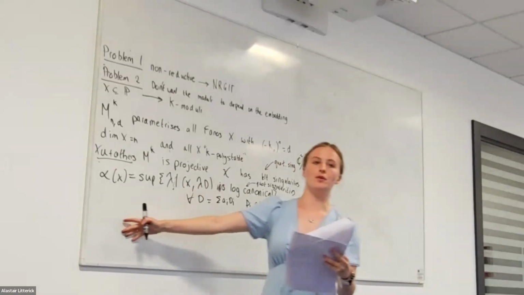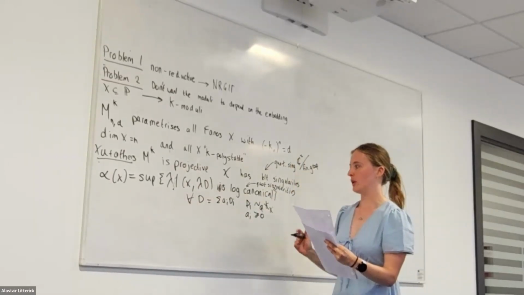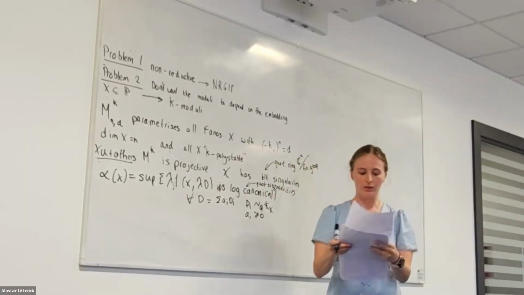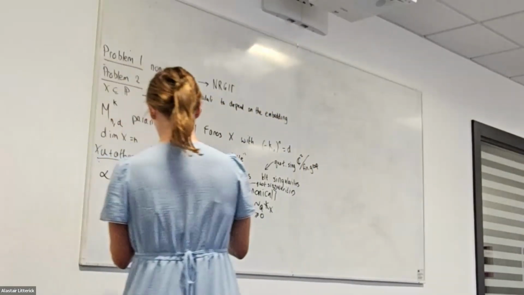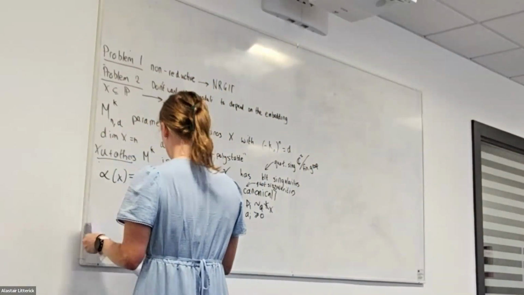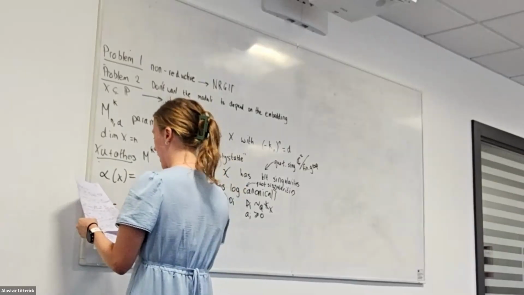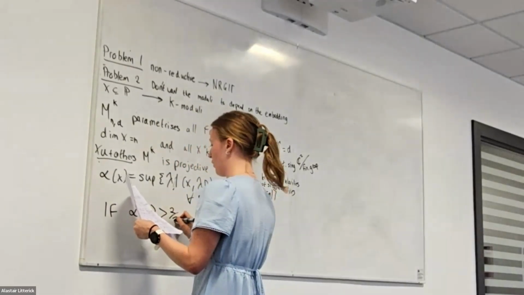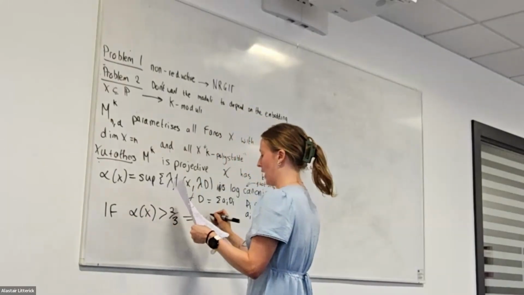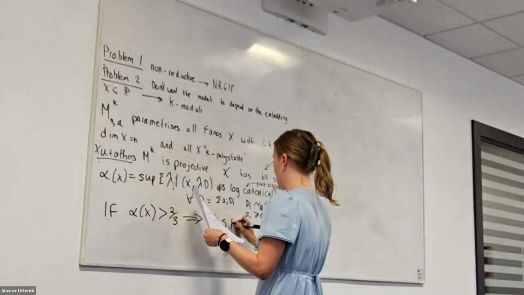That's the alpha invariant, and this is what we use to show K-polystability. In our case, if alpha(X) is greater than 2/3, then this implies that X is K-polystable.